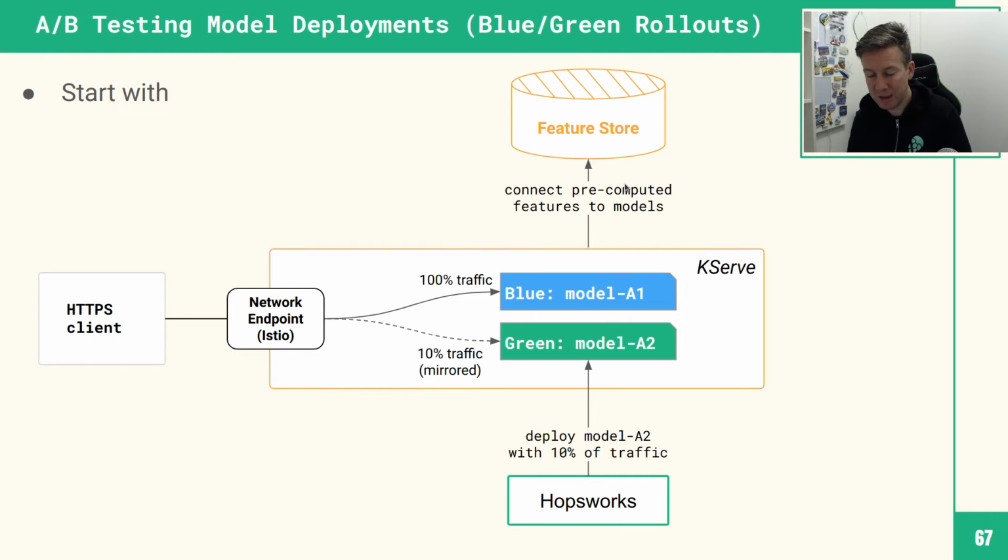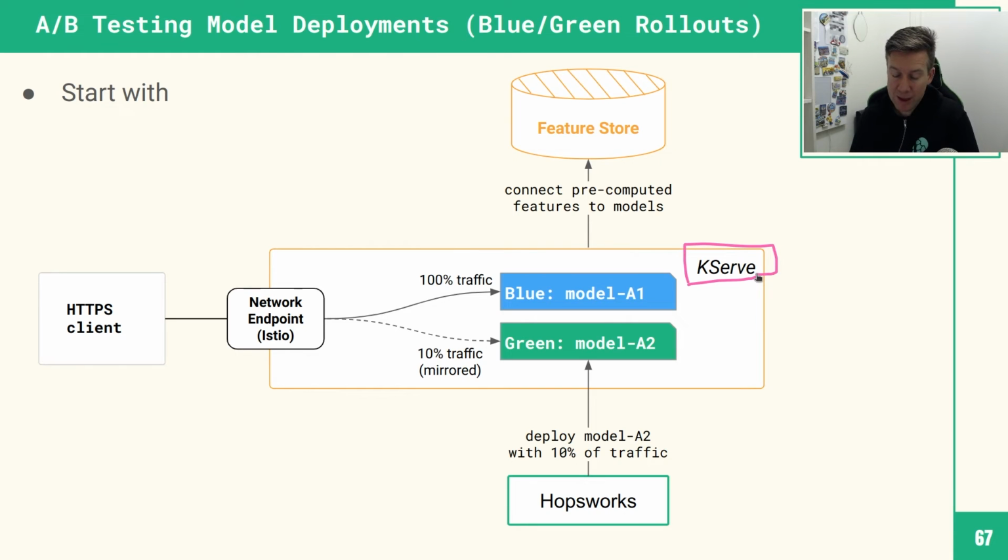In the Hopsworks case, we can see that Hopsworks model serving is based on a platform called KServe. KServe is an open source model serving framework developed as part of the Kubeflow project, but now it's a standalone project. And it's used widely by many companies such as Bloomberg and IBM.